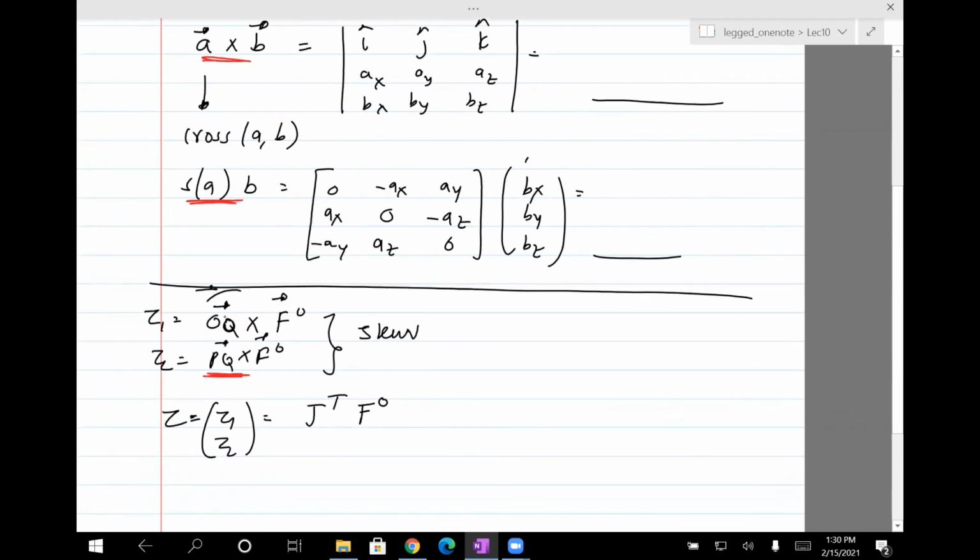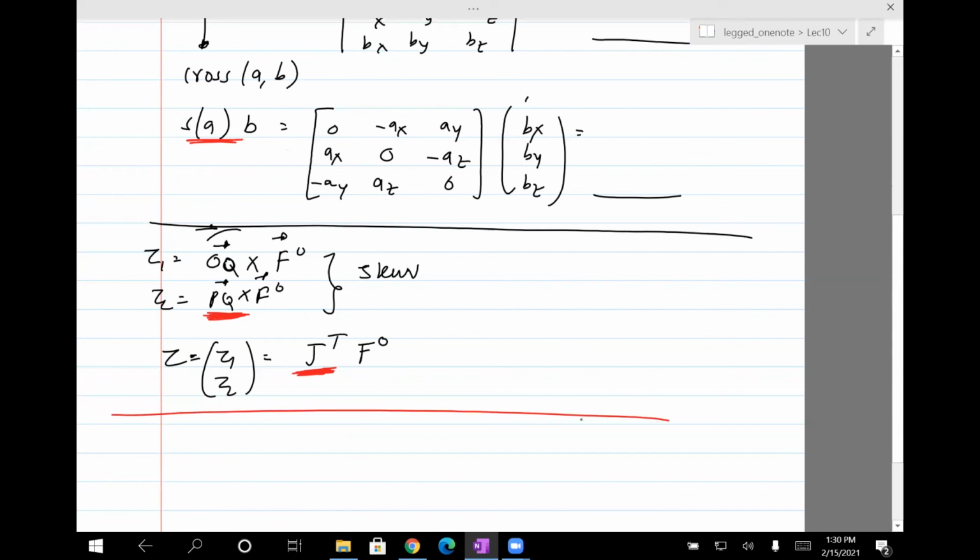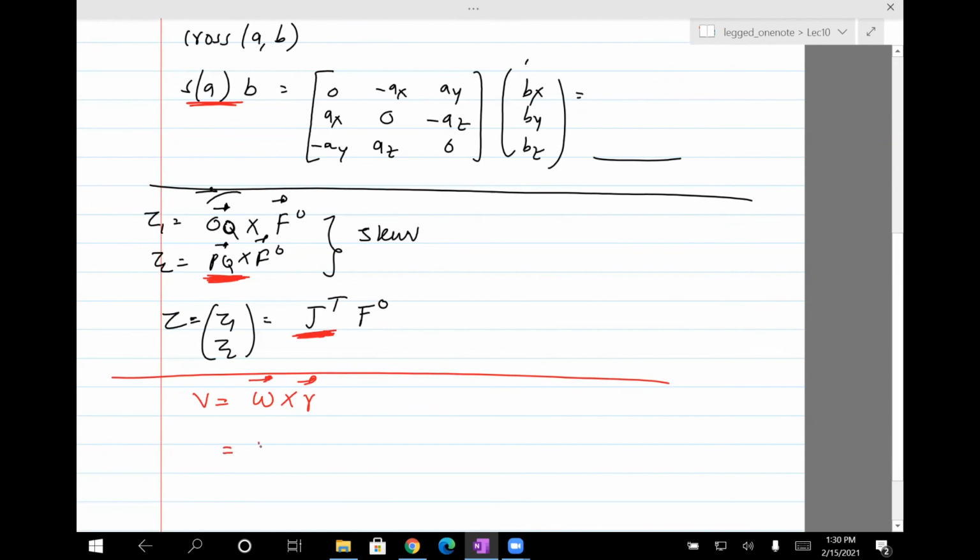I've never tried this to see if that's true, but there's clearly a relation between taking the cross product and the Jacobian, which we also saw in the velocity. One way of writing the velocity is omega cross r, but we also saw it can be written as J times omega.